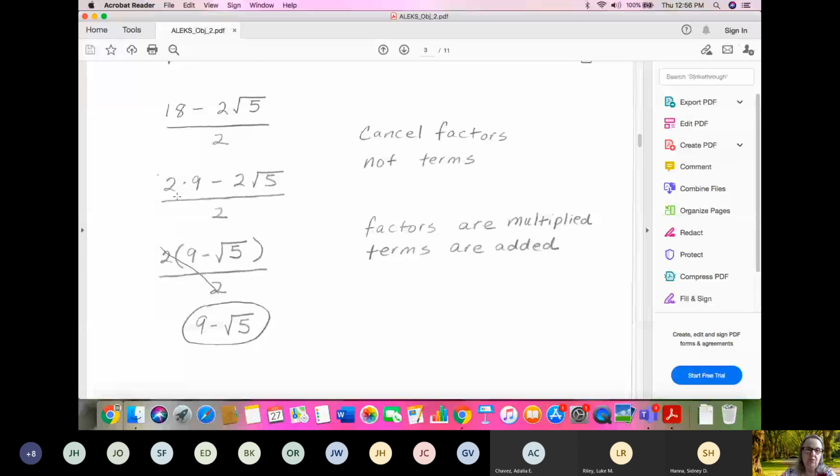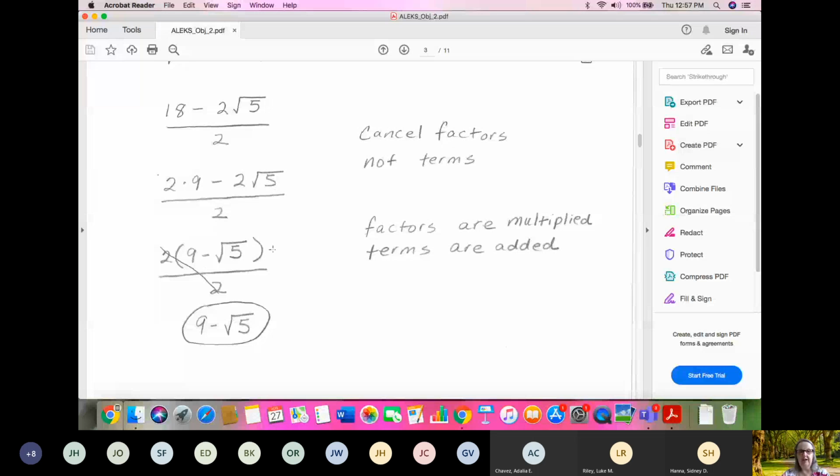If this 2 goes out front, we're left with a 9. This 2 goes out front, we're left with minus square root of 5. Now, what if we would go backwards? 2 times 9 and 2 times negative root 5 is negative 2 root 5. So I know I've done the right thing.